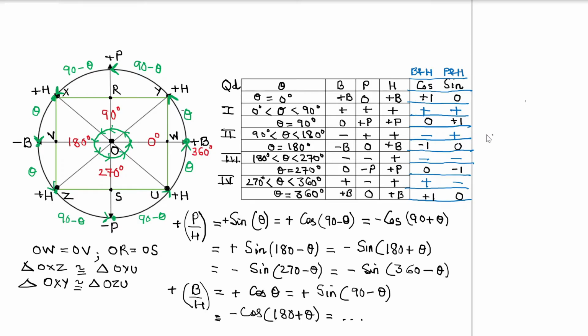So one last thing that I would like to talk about here is, now when I say theta, I am basically referring to theta being equal to 0 degrees, 30 degrees, 45 degrees, 60 degrees and 90 degrees.